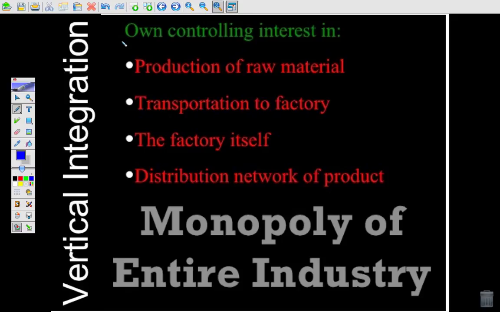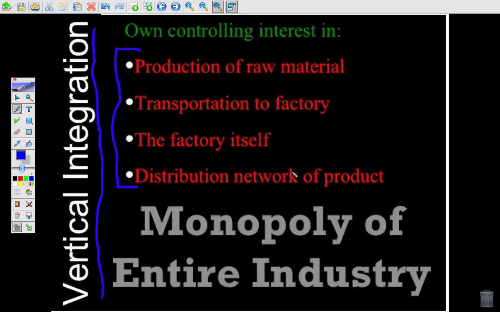All right, so vertical integration. You have to have or own controlling interest in, like we keep saying, and these should definitely go into our notes. These parts here, you want to understand that vertical integration should be the term in our notes.